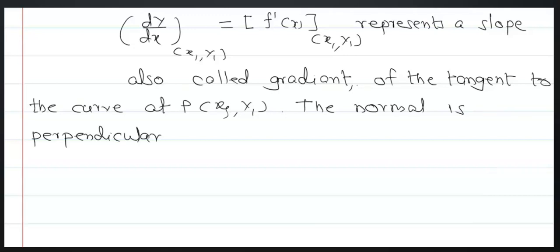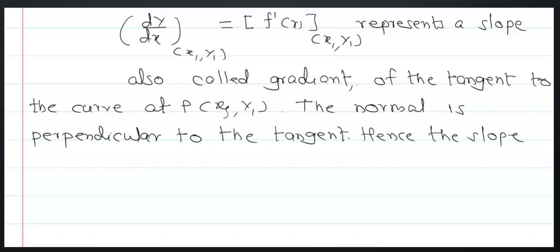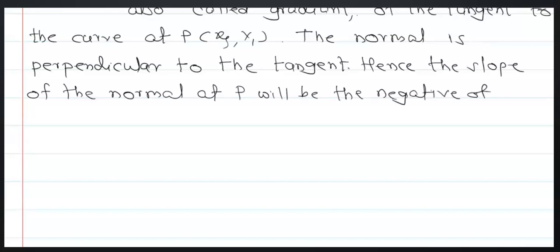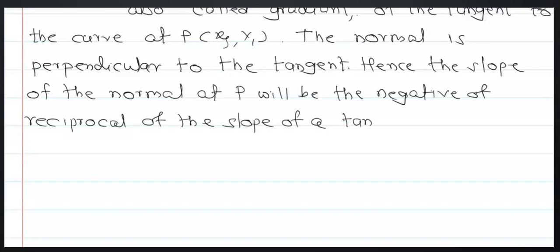The normal is perpendicular to the tangent, a line which is perpendicular to the tangent. Hence, the slope of the normal will be the negative of the reciprocal of the slope of the tangent at that point.